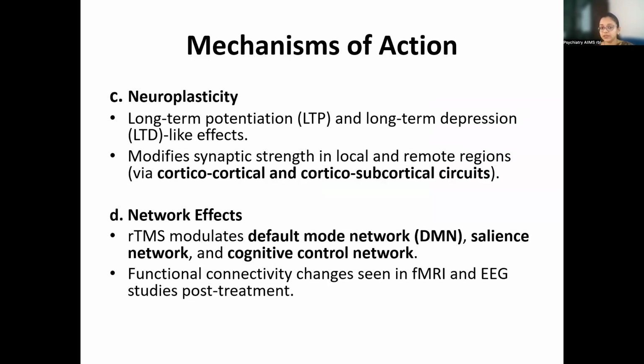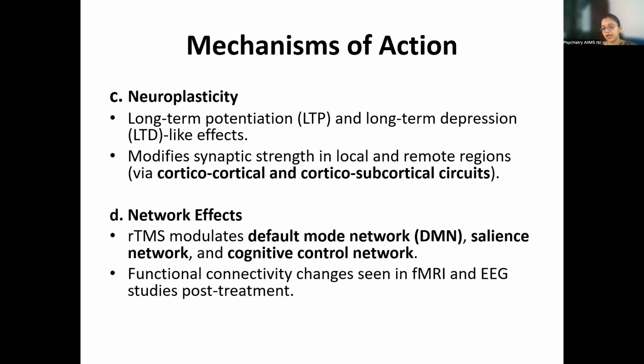Further neuroplasticity, like I said, there is a modification of the synaptic strength in the local and remote areas. And this is mediated via the cortico-cortical and cortico-subcortical structures and circuits. The network effects overall: rTMS modulates the default mode network, salience network, and cognitive control network.